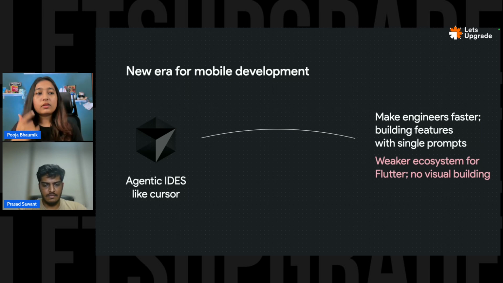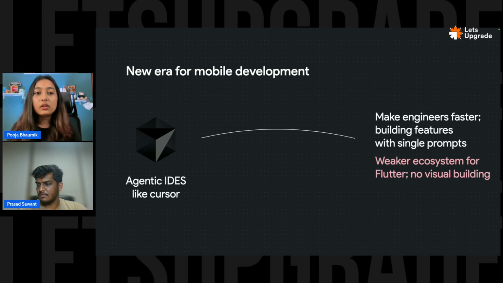For example, if I am building a Flutter app in Cursor and I just want to change one button color, but I have no idea where that button is. I know that this is in this particular screen, but I do not know how to read Flutter code, right? I just want to change the button color from blue to red. But for that, I have to use a prompt, which is again costing me money.